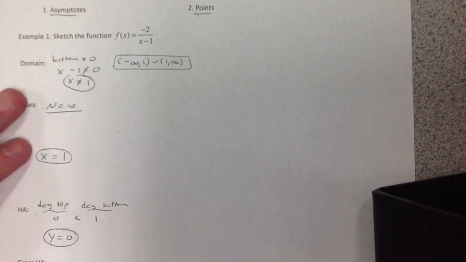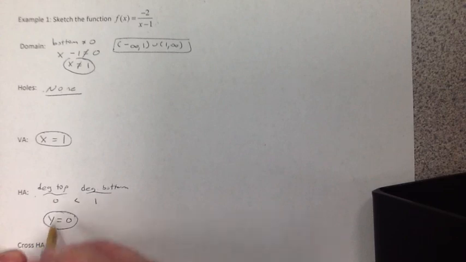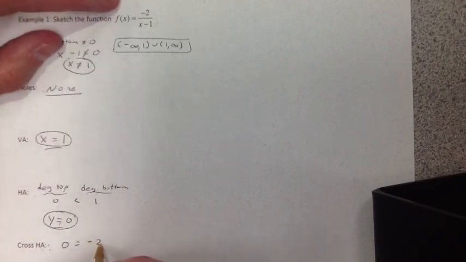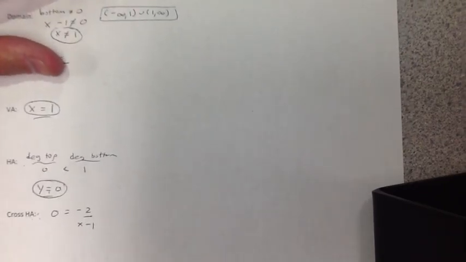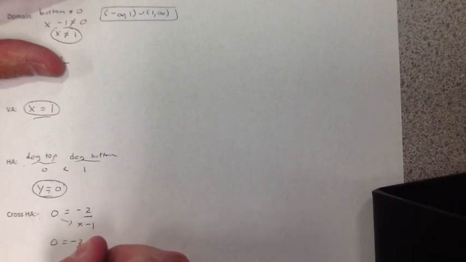Now, next we take a look at the next part. Will it cross the horizontal asymptote? Now, this is actually going to give us a point. These are asymptotes. This is going to give us our first point right now, if we could. So what you're going to do is take that y equals 0, and set that equal to the equation, -2 over x minus 1. And when you cross multiply, you're going to get 0 times x minus 1, which is 0 equals -2.